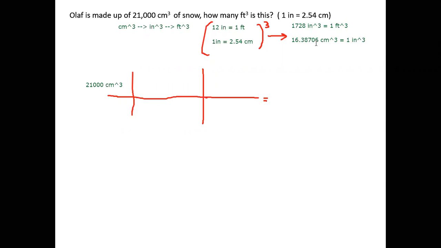So in our conversion factor of centimeters cubed to inches cubed, centimeters cubed goes on the bottom and inch cubed goes on top. So now we have inches cubed. The next step is feet cubed. So again, since we're starting with inches cubed on the top to the left, we need to put inches cubed on the bottom and feet cubed on top.